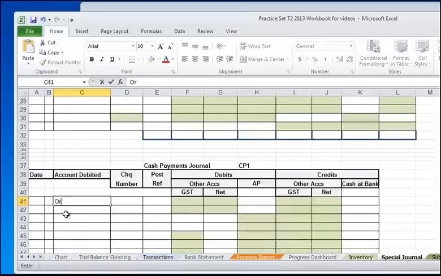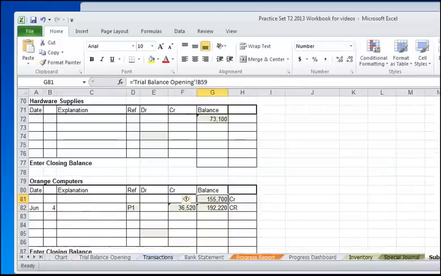Orange Computers, check number, I'll go back and look what that is later. Accounts cash at bank, well, it's gone down by $55,700. We've paid Orange Computers $55,700. Now we need posting reference here.